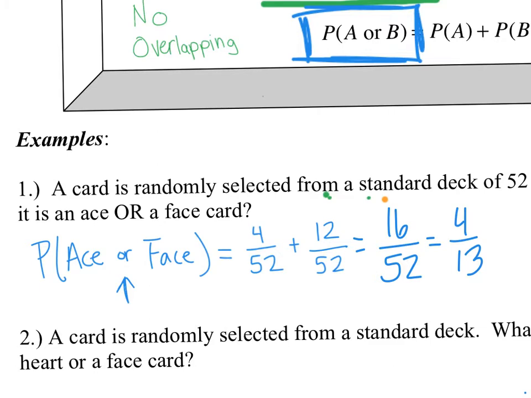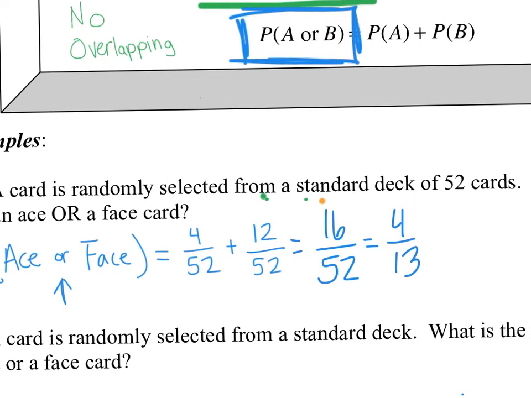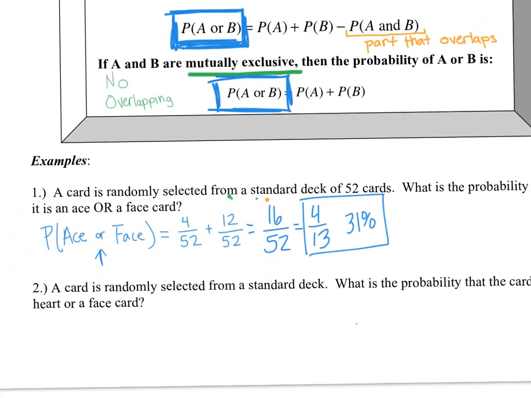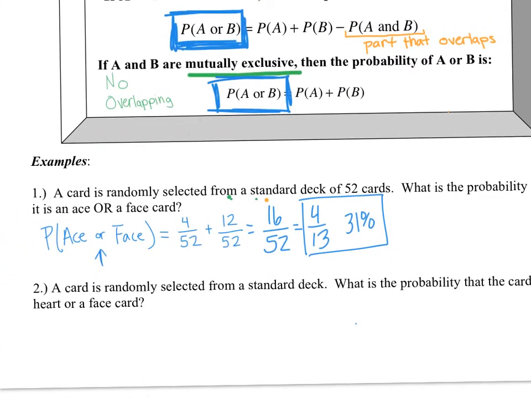And I like to write it again as a percentage. So 4 divided by 13 would give you guys a 31% chance of picking a card out of the deck that would be an ace or a face card. So in that case, this one was mutually exclusive. But what about number 2?